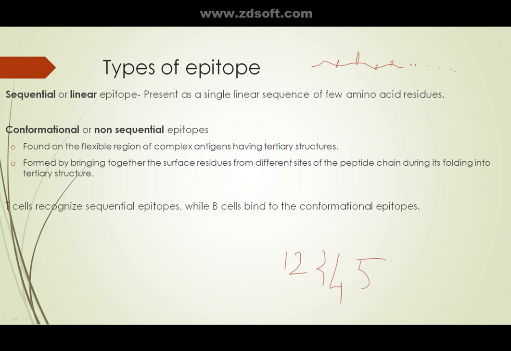Instead of numbers, you just have to imagine these are the amino acids, maybe valine, glutamine, etc. Now, conformational non-sequential means your antigens have a three-dimensional structure. They have tertiary structure. You must have read about primary, secondary and tertiary structure. Whenever they are in three-dimensional structure, they are known as tertiary structure.